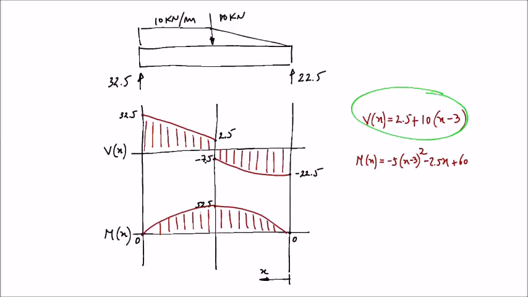We can say the same thing for the bending moment. The bending moment at point B is 0, because we don't have any moment at point B. The bending moment at point A is also 0, because we don't have any moment at support A.